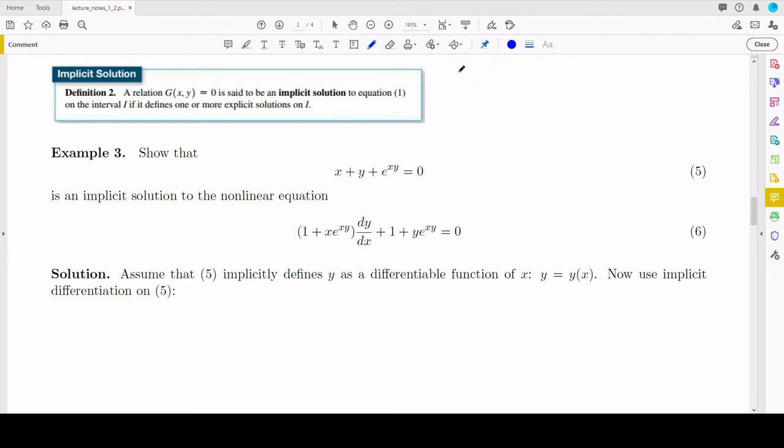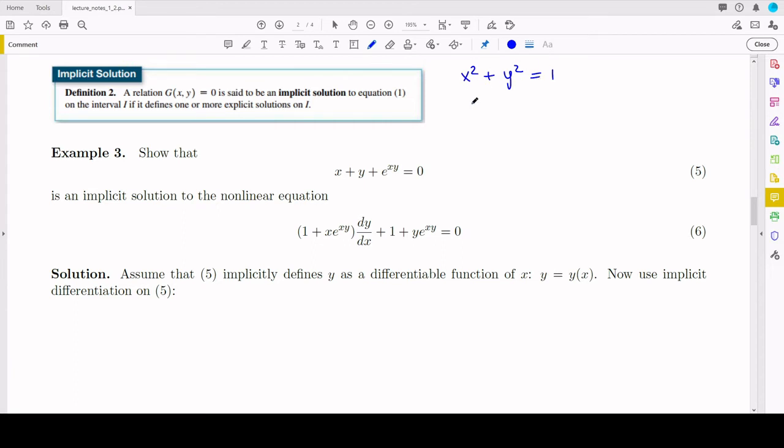So let me remind you of what this means when you have a relation g of x comma y. Think about the unit circle. The unit circle is x squared plus y squared equals 1. This is a relation between x and y, and it defines the unit circle in the xy plane.